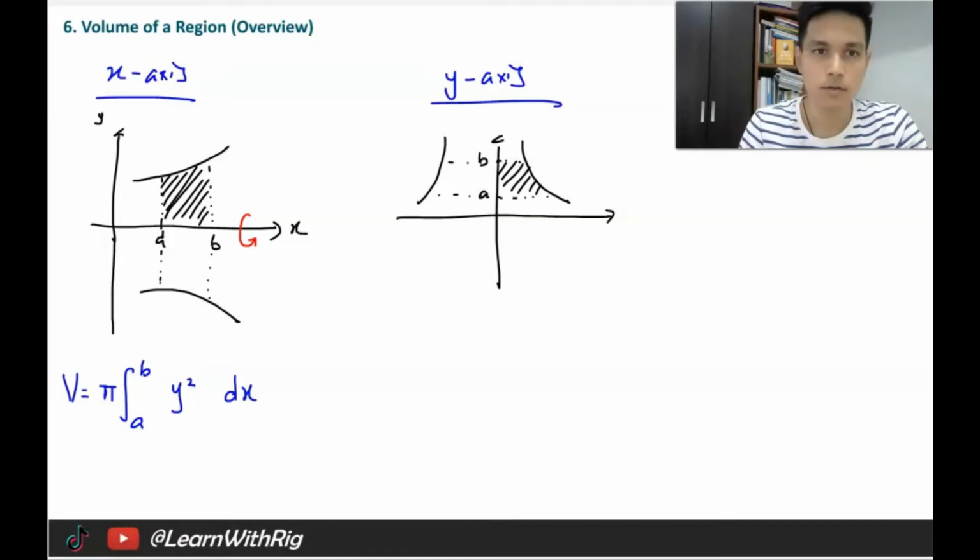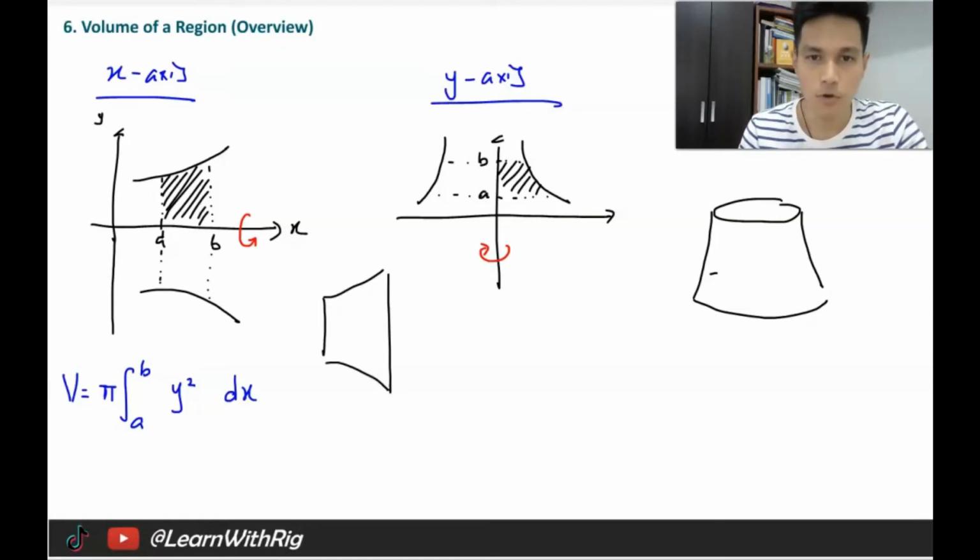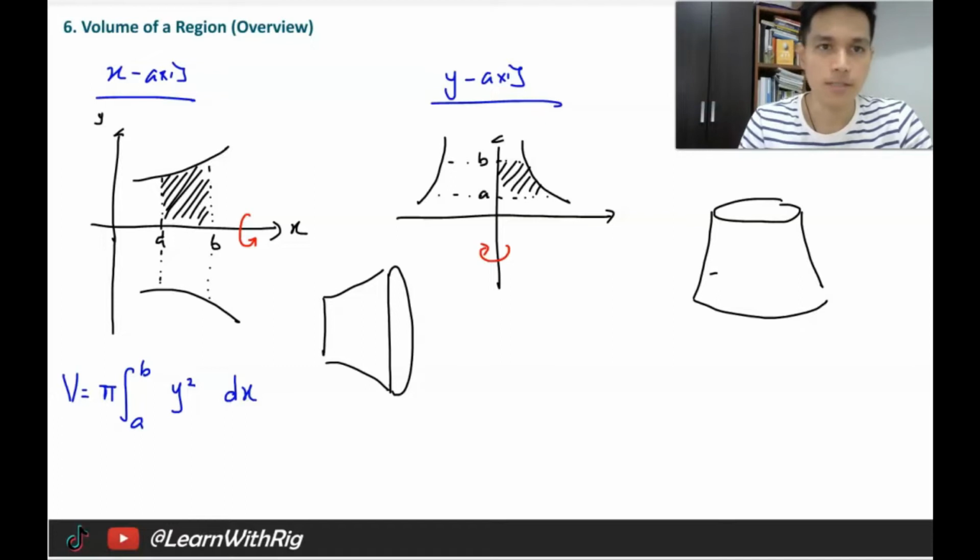If it's rotating around the y-axis, you would expect to see the same thing. You see a cylinder, but it's something like this. It's not really a cylinder, but something like this. Same as the first question just now, you would expect to see something like this, correct? So it's a volume, of course. I'll draw a 3D for you. Something like that.